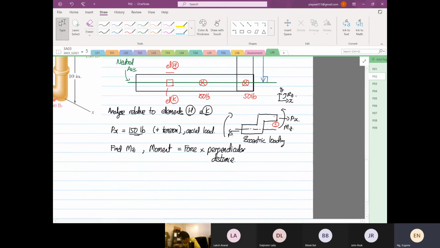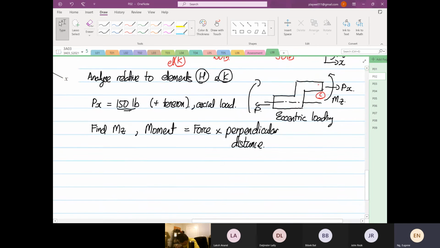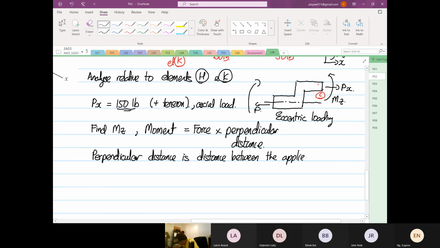So perpendicular distance is the distance between the applied force to the neutral axis.